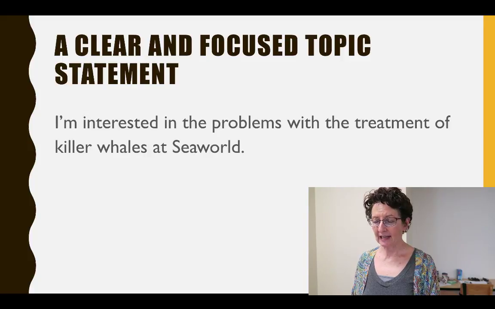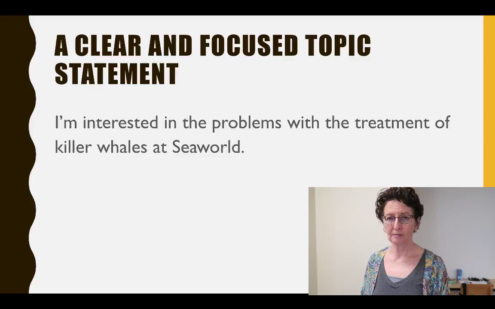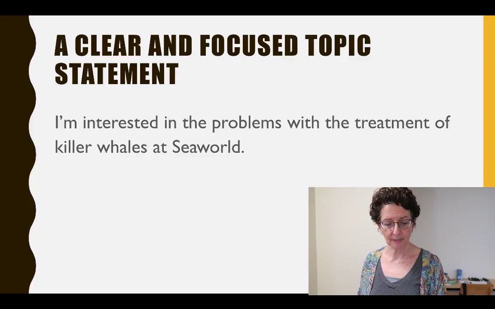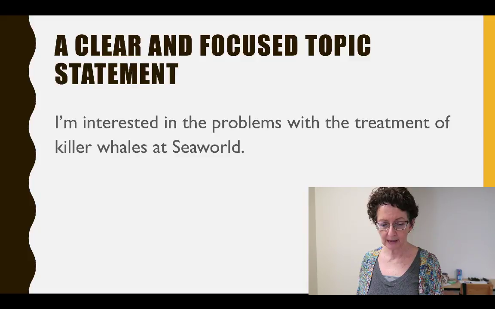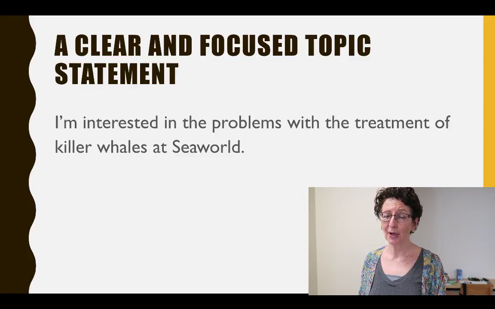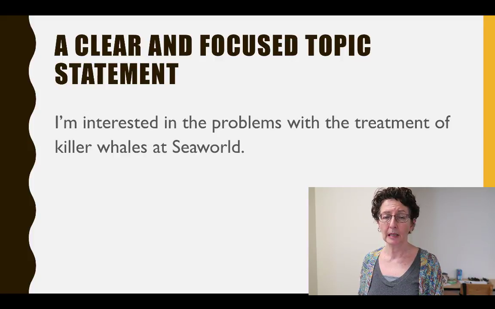So looking at this statement, the next thing that we need to do, now we've got this nicely defined topic statement, is we need to identify at least the keywords in this sentence, and you want to strive to identify at least 3 keywords. If you can't define at least 3 keywords, you probably need to revise the statement. So if we couldn't find 3 keywords here, we would go back to the drawing board and talk about how we could make it a better, clearer, more focused statement.